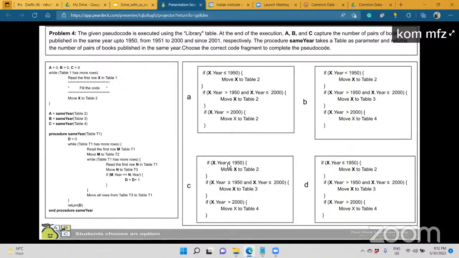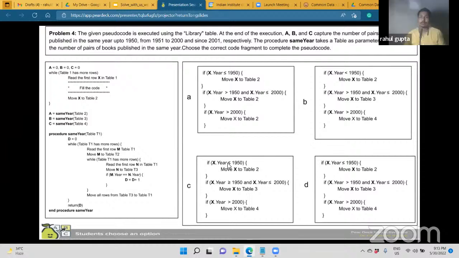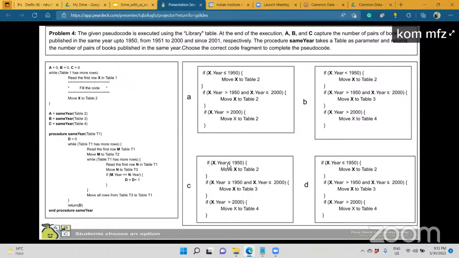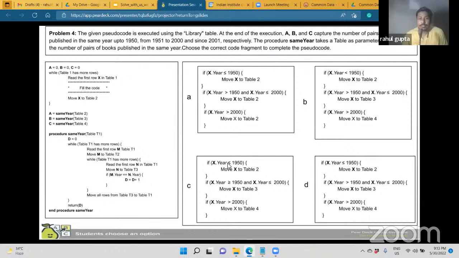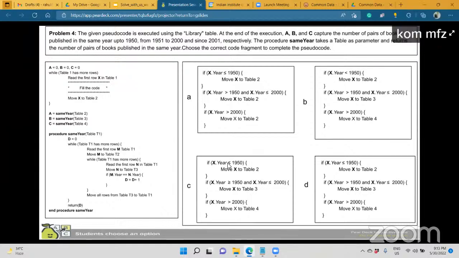So A has pairs of books published up to 1950. And B has from 1951 to 2000. It is written less than or equal to, so 1950 will also be counted into table 3. If someone has written in 1950, then it will be counted twice, right? Oh, I mistook, sir. Sorry, sir.